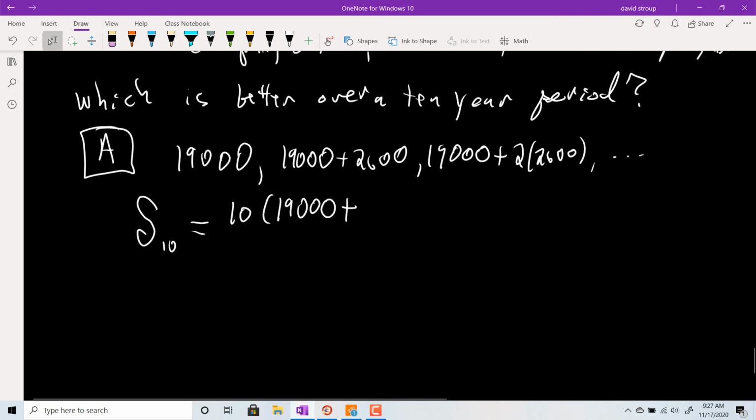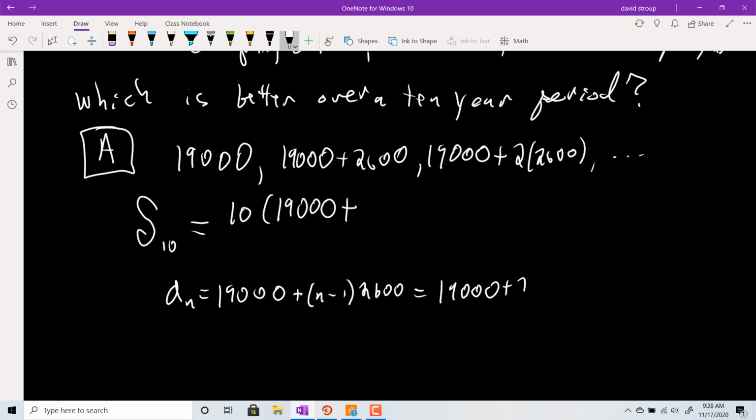Okay, so a sub 10 should be, well, if you're not sure, you can always construct the general term formula. So a sub n will equal 19,000 plus n minus 1 times 2,600, the raise. And then if you simplify this, it would be 19,000 plus 2,600n minus 2,600. 19,000 minus 2,600, I have to figure that out.